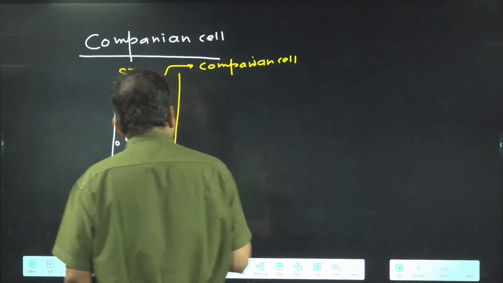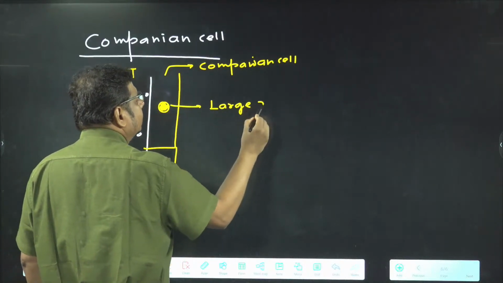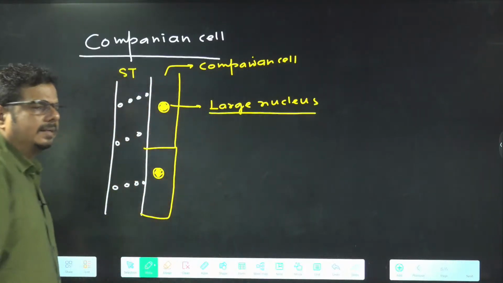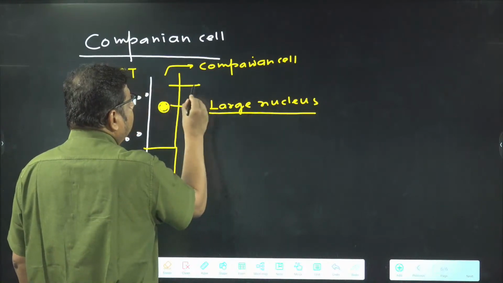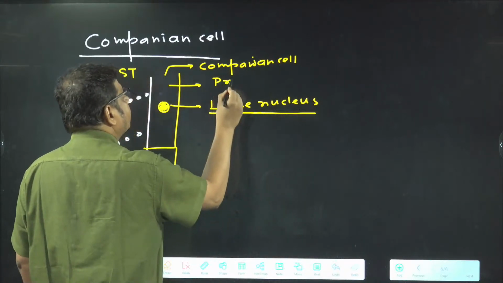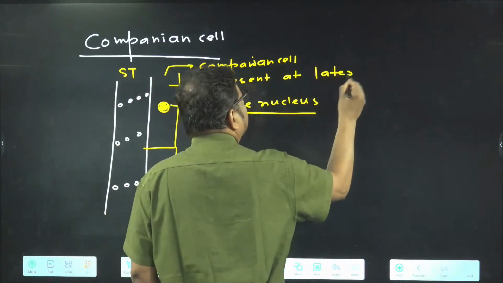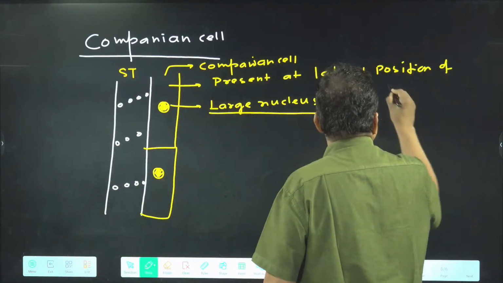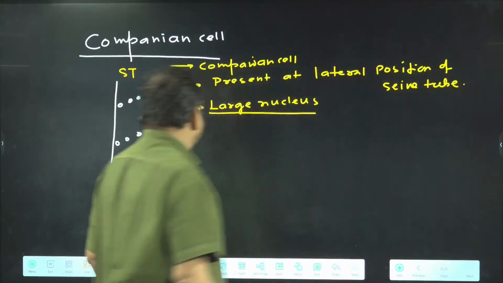What is important in the companion cell is that it has a large nucleus. The sieve tube doesn't have a nucleus, but the companion cell has a large nucleus. Companion cell is present at the lateral position of the sieve tube, and it has a large nucleus.